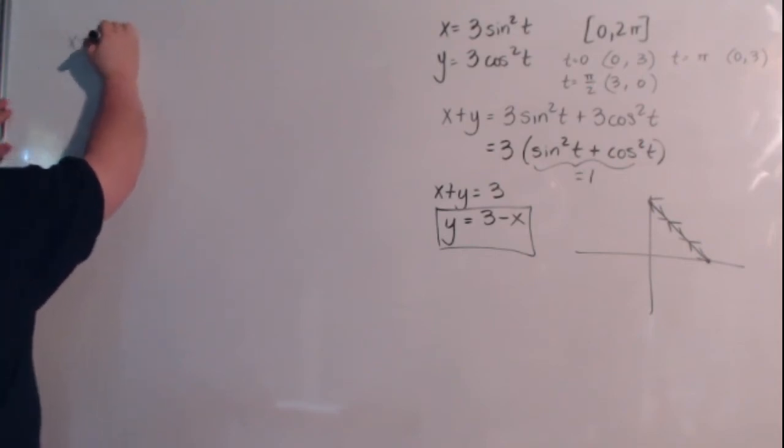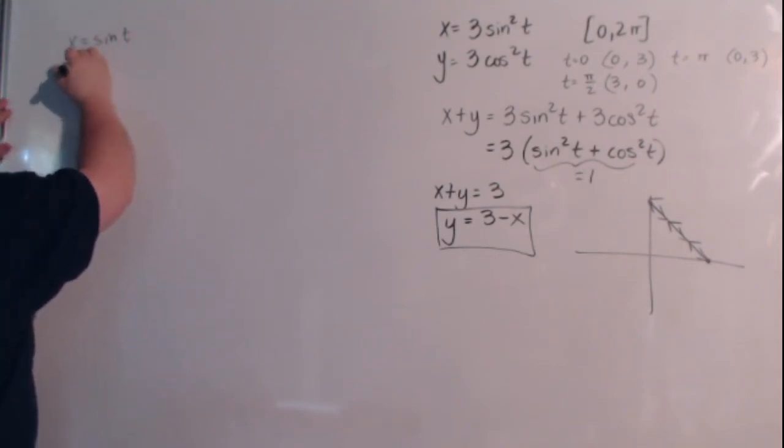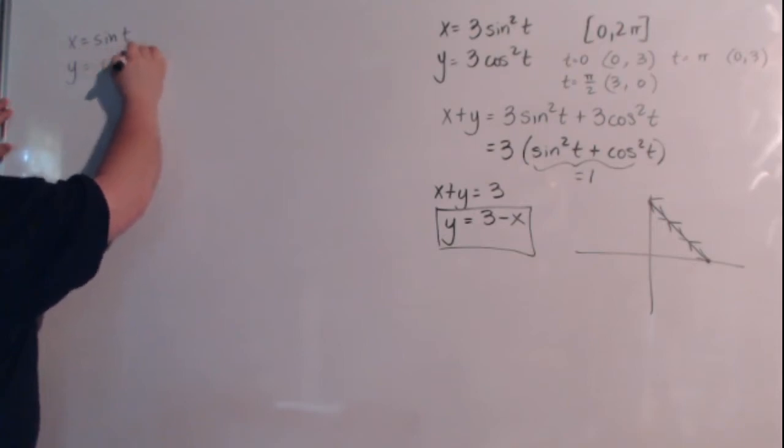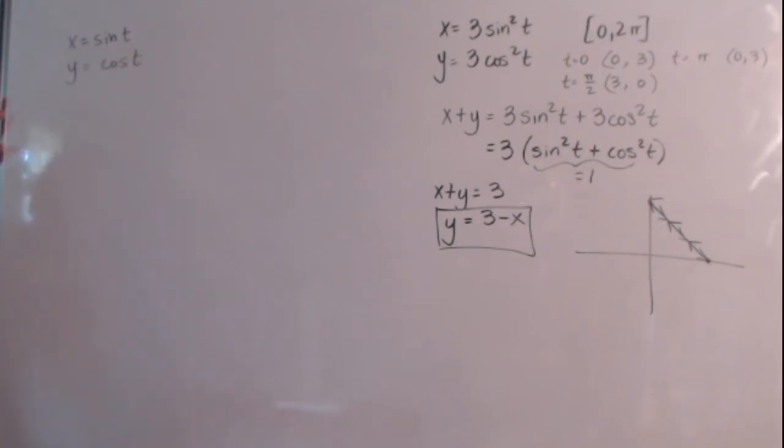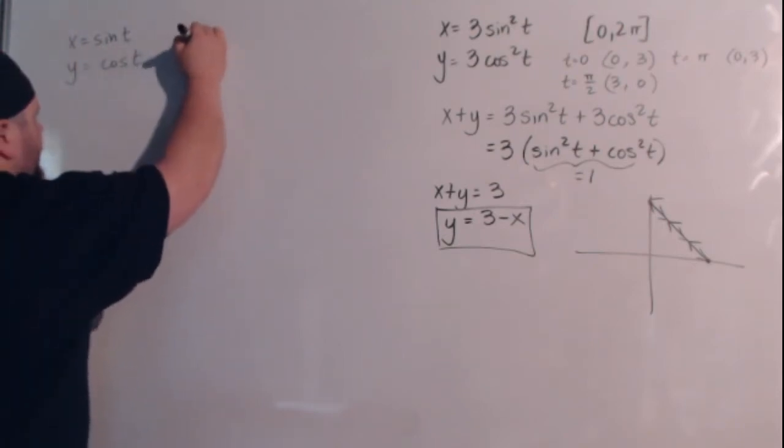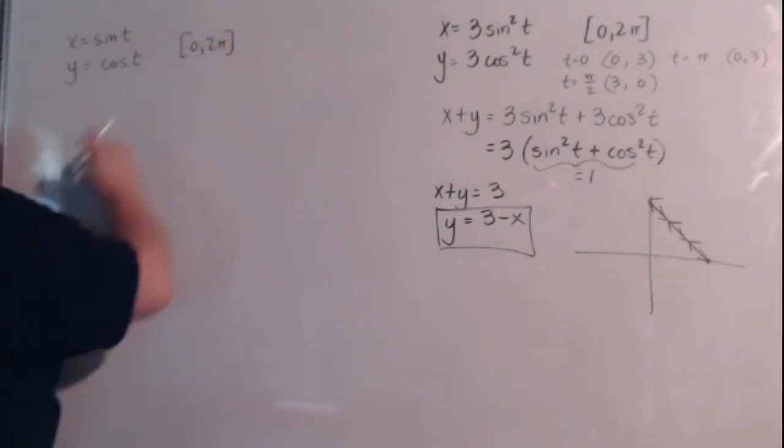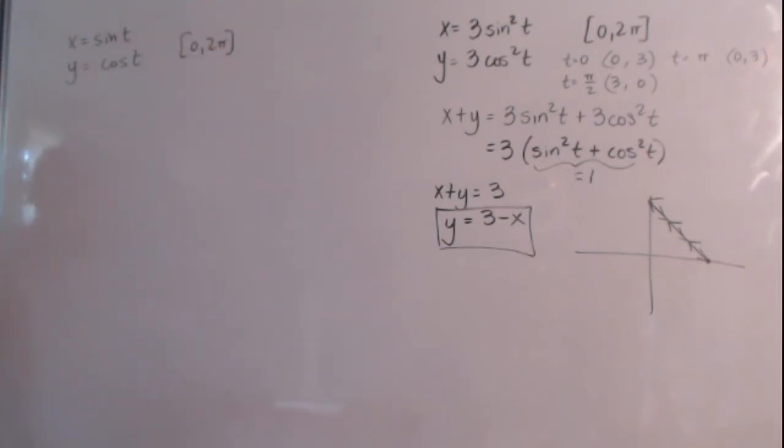So very close to what I had before, but they're just the function itself, not squared. And again, from 0 to 2 pi.